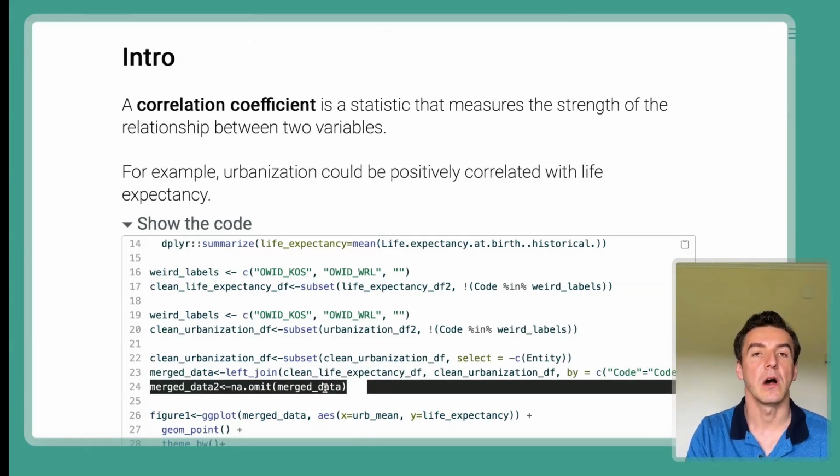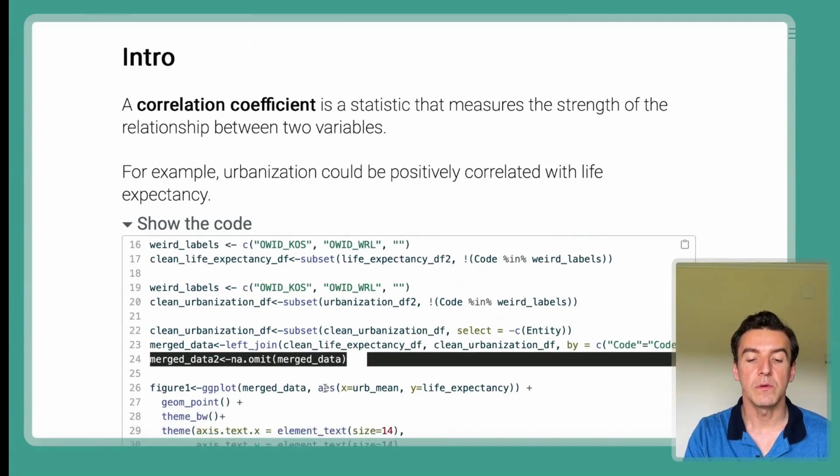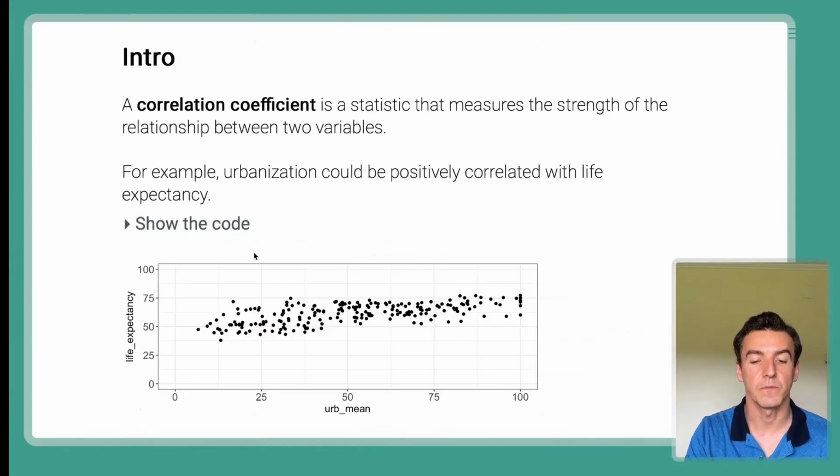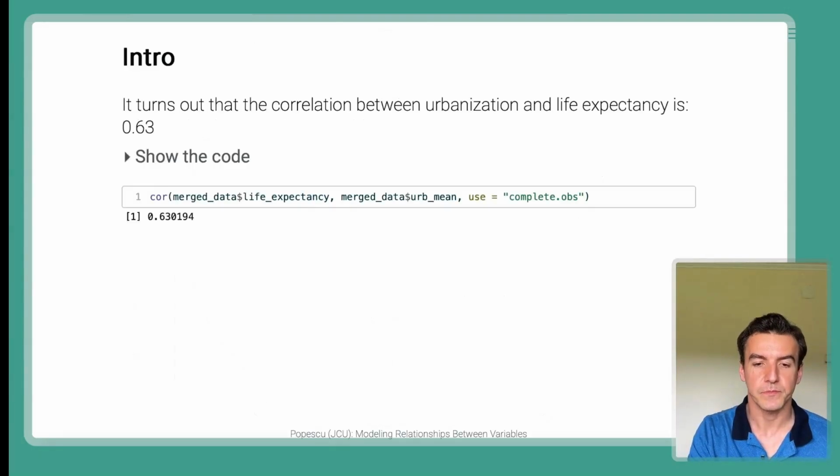We get rid of missingness, and we finally plot the data in order to create this. Once again, in order to figure out how to load the data and where to download it from, I encourage you to go and watch the previous videos.